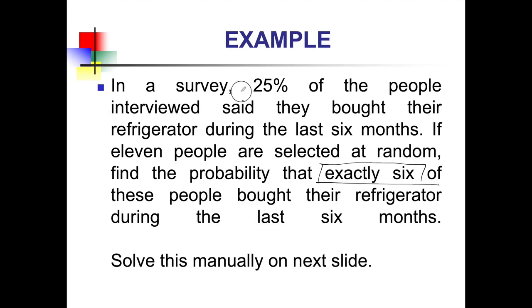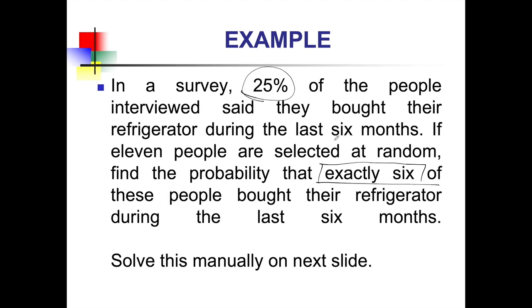So let's have the solution. First, let's have the given for this problem. Okay, for the given, we have n. In a survey, 25% of the people interviewed said they bought their refrigerator during the last 6 months.